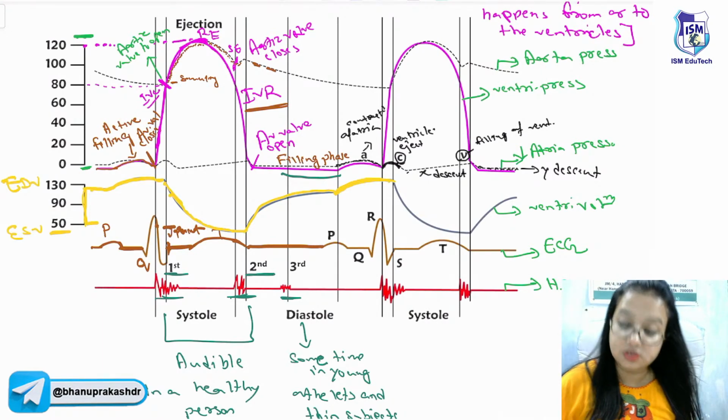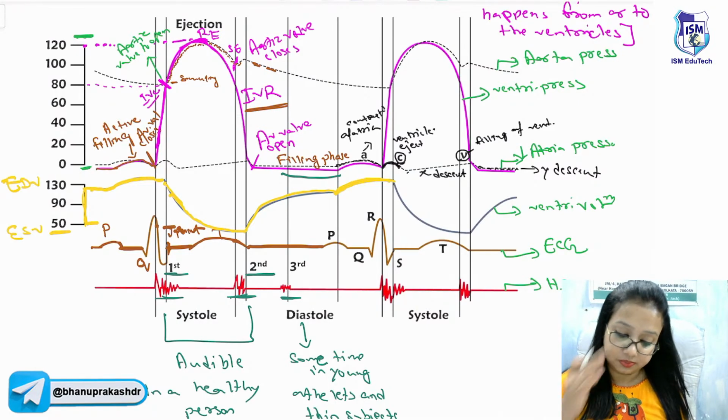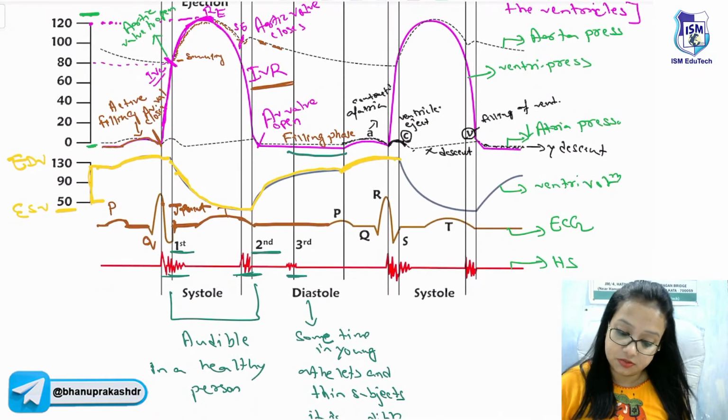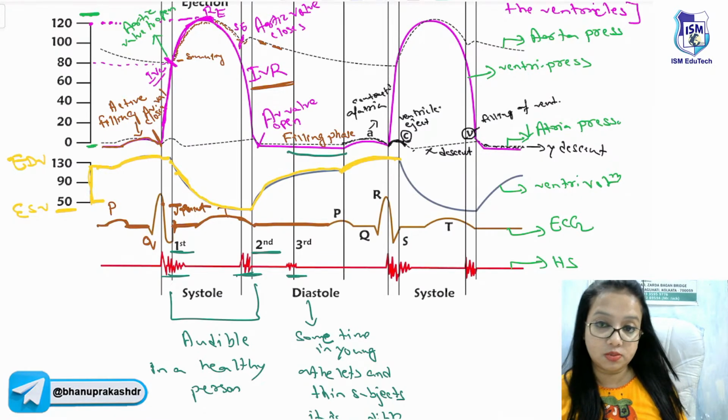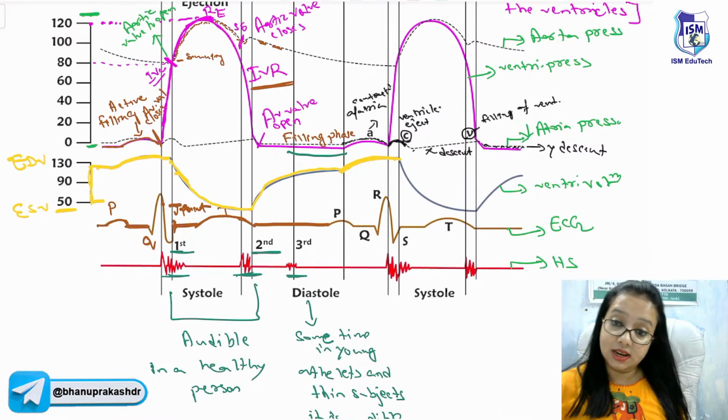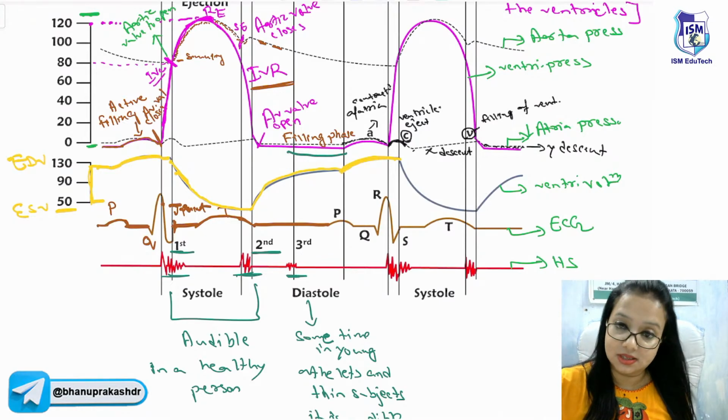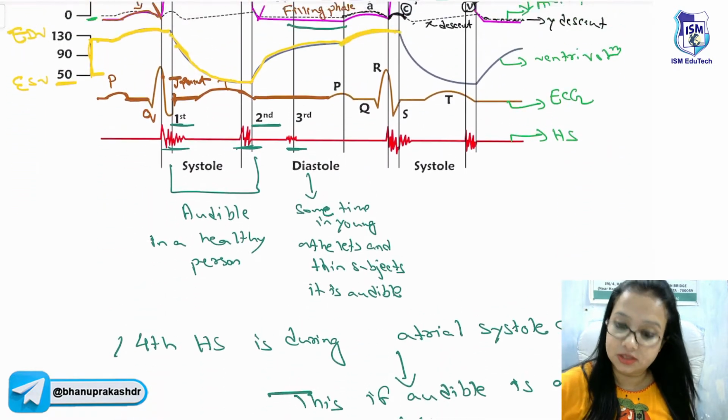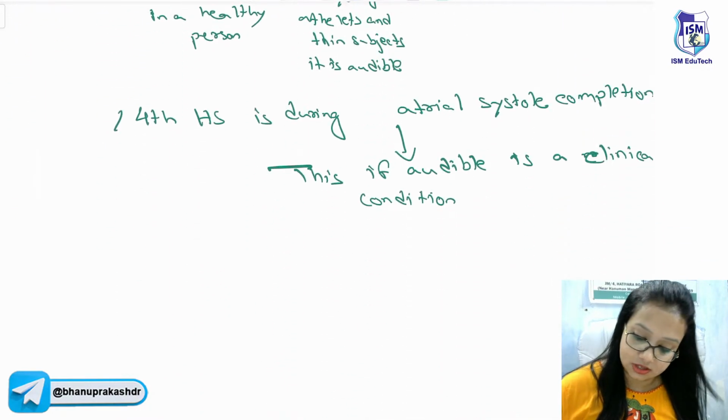So this is the ventricular volume curve graph, in which first the volume increases due to filling of the ventricle, then it drops due to ejection, and then again it increases in two stages. One during the rapid filling and slow filling, that is the passive filling, and second during the active filling. This is how the volume curve changes.